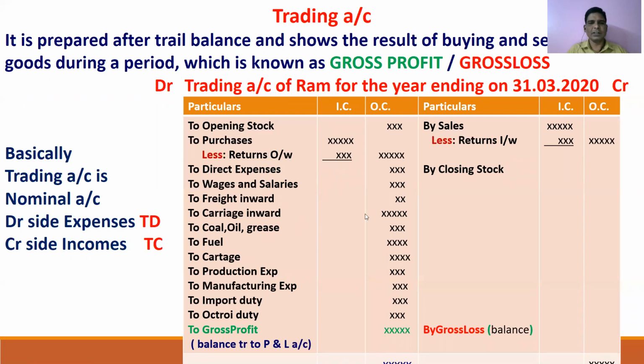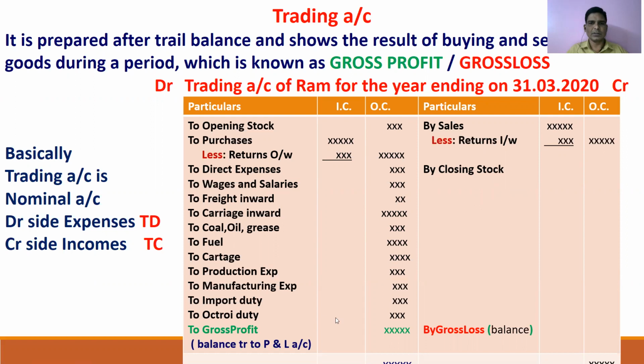And what are the credits of trading account? Simply the primary income of any business, which is net sales, and closing stock. If you remember these TDs, then the remaining expenses are debited to the profit and loss account debit side.